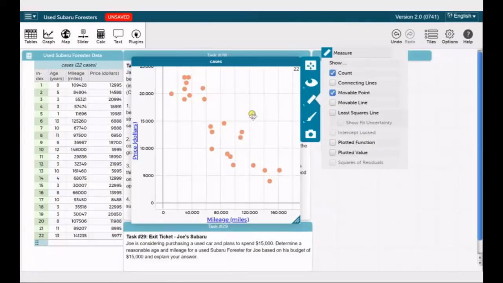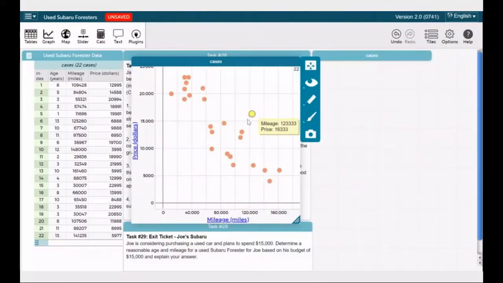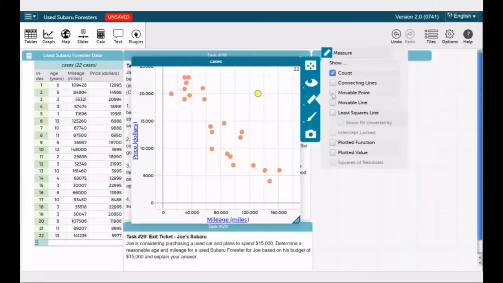Movable point. So that gives you a point. Supposedly it's movable. Let's see. Does yours move? Oh, there we go. So this gives you an additional, what if I had this? Okay. All right. So maybe that's interesting. Do you think that's helpful to us now? No, probably not.